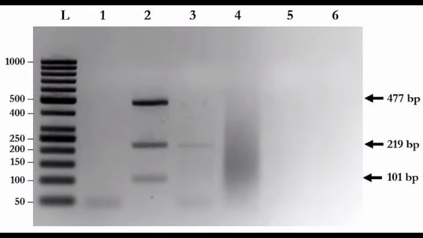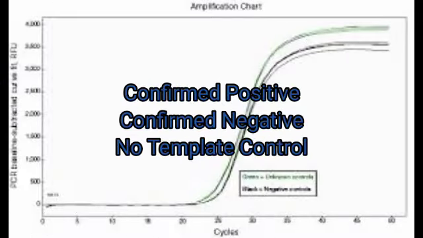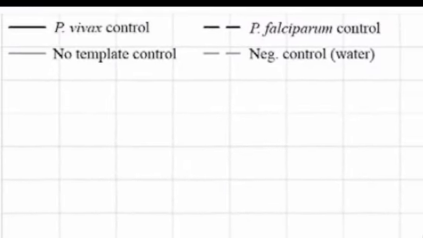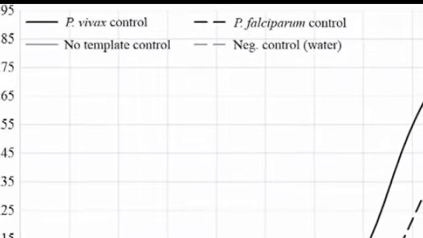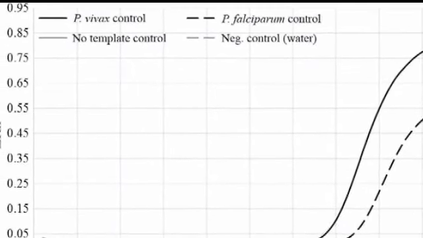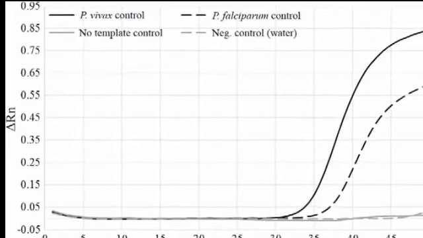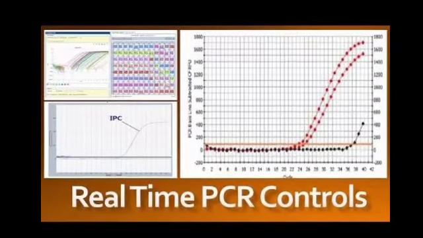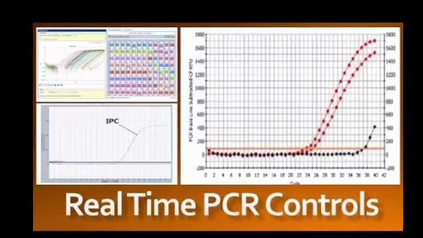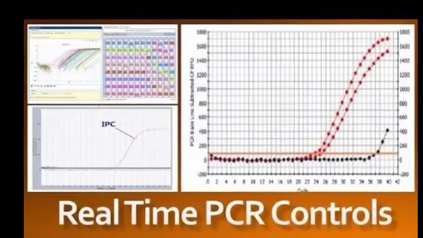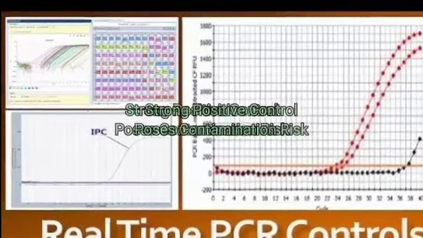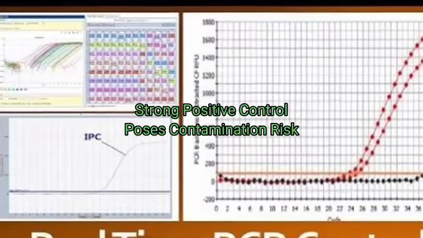Include well characterized confirmed positive and confirmed negative controls, along with a no template control in all reactions and a multi-point titrated trend line for quantitative reactions. The positive control should not be so strong that it poses a contamination risk.